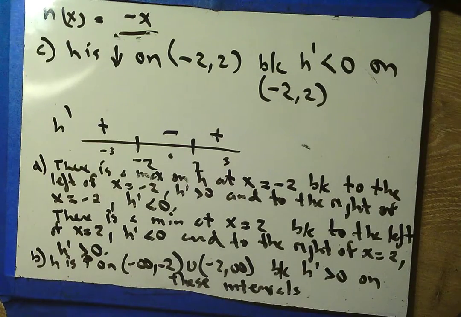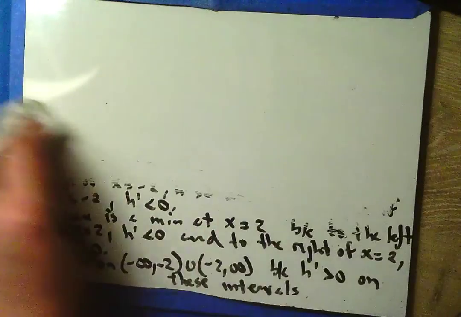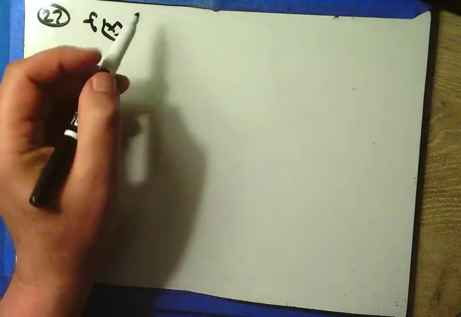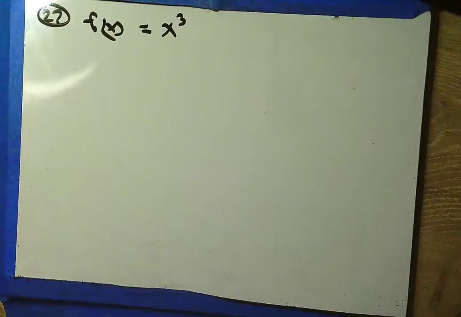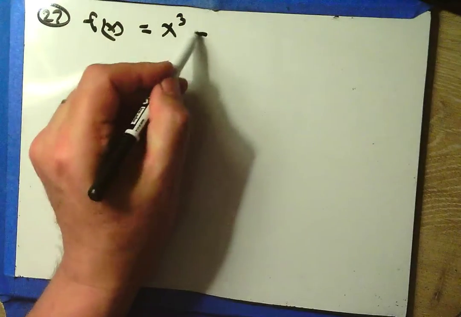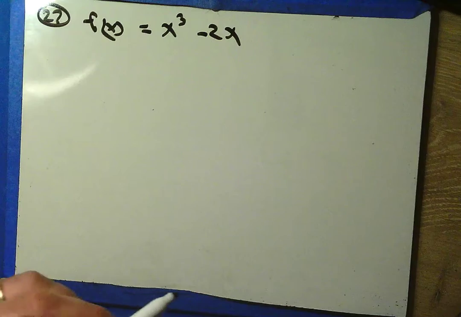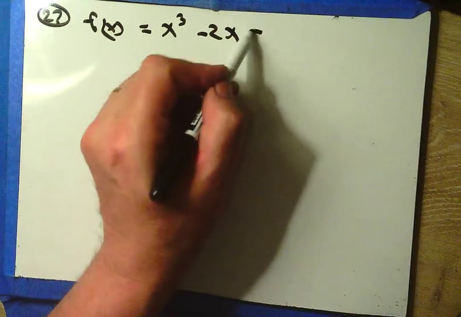Next we have 27. 27 says, ooh, look at this. I don't know, what do you think? Is this a I must use a calculator problem? Well, let's see, x to the third minus 2x minus 2 cosine x.